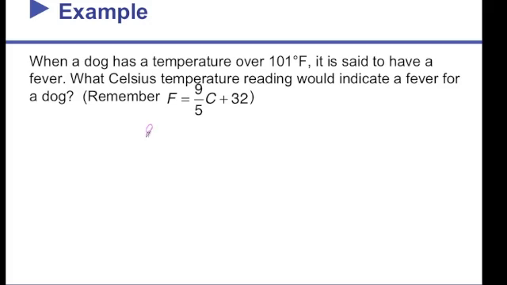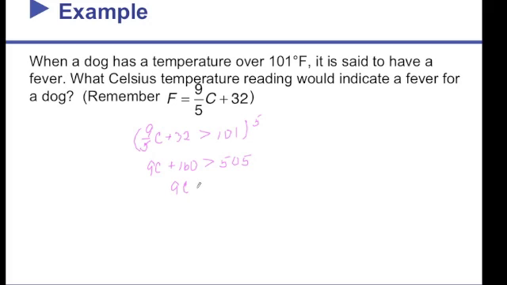So we have 9/5 C plus 32 is greater than 101. Multiplying by the 5, 9C plus 5 times 32 is 160. It'll be greater than 5 times 101 is 505.